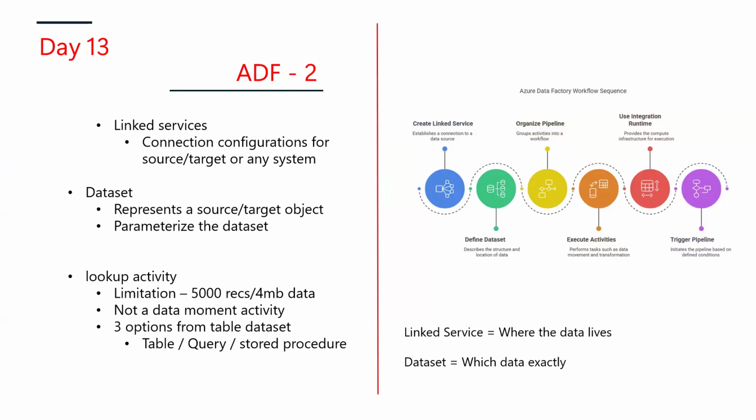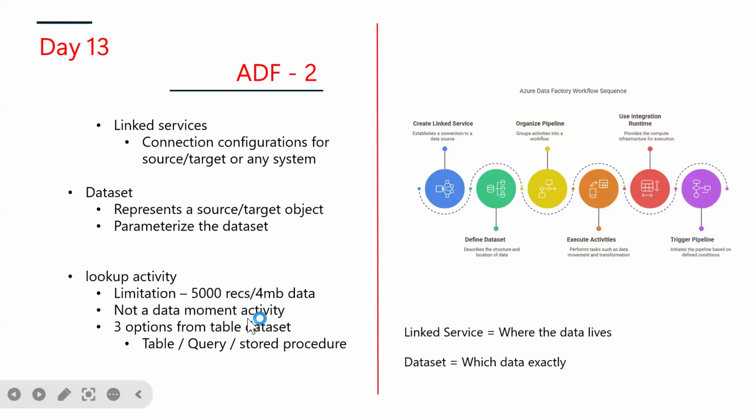So to do that, you need to understand where is that specific shelf or where is that exact book present, so that you need to get into, right? So that is represented by a concept called data set in ADF. So through data set, you will be able to interact with the exact shelf or exact book.